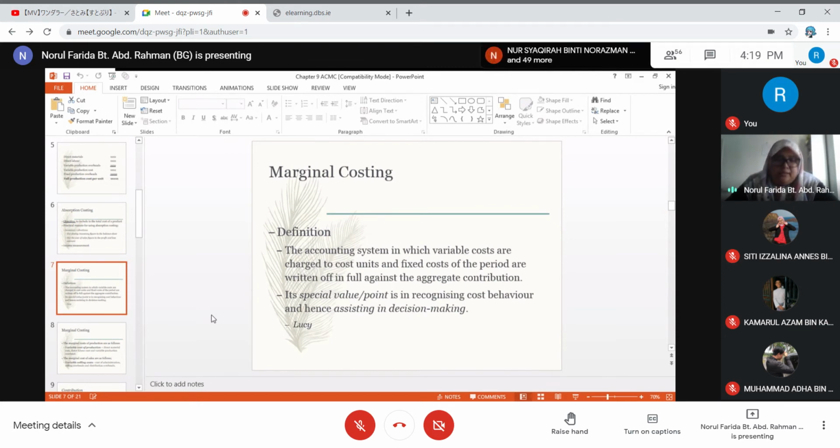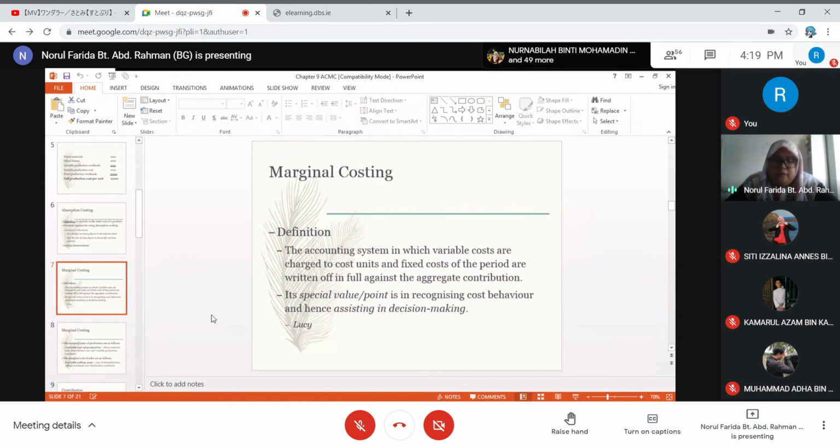Marginal costing is a method of costing which identifies cost according to behavior and only considers variable production cost to be related to the cost object. Okay, hanya variable cost sahaja dikira kepada cost object ataupun you punya product. Fixed production cost together with non-production cost are treated as an expense accordingly.